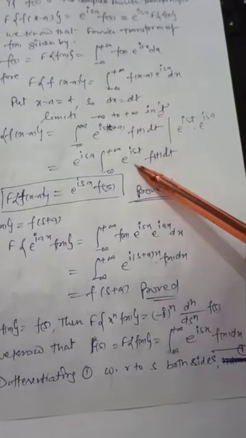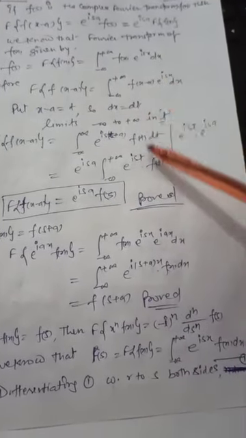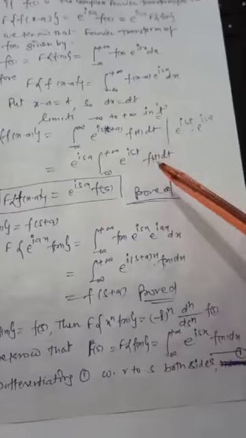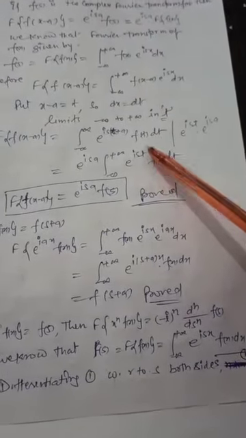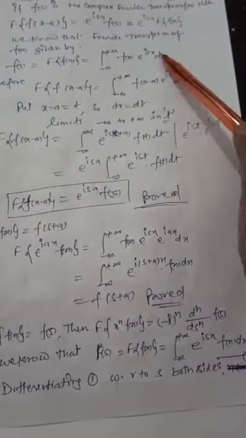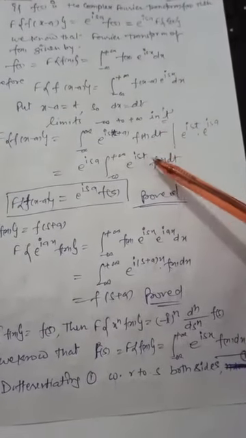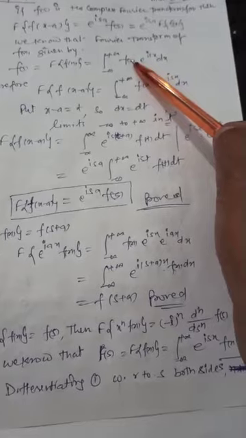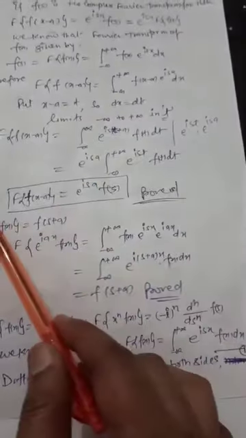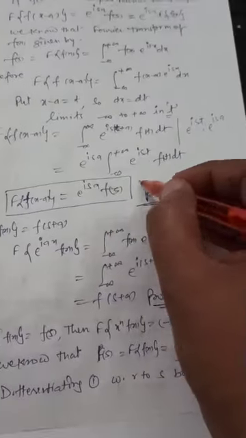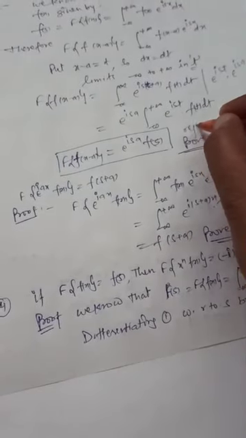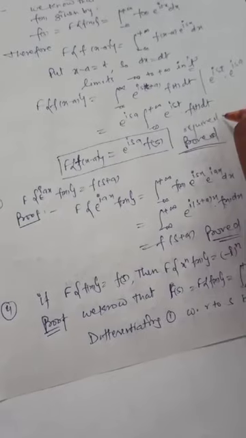Same thing here, only the variables change: here f of x, here f of t, here iota sx, here iota st, here dx is dt. If you replace t with x, you will get the same thing. This is basically f of s, put here. So this is the required expression.